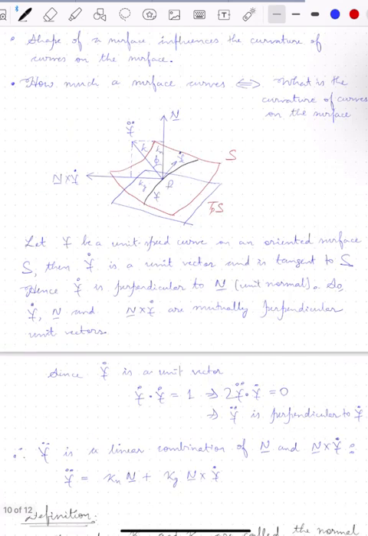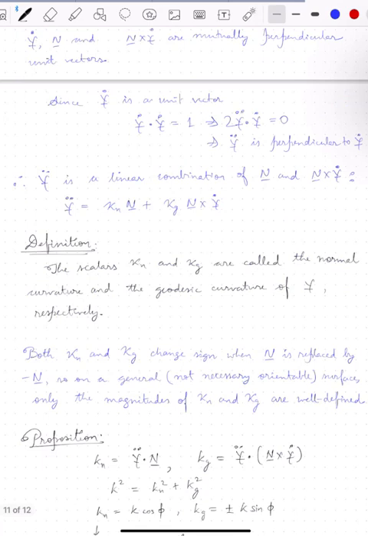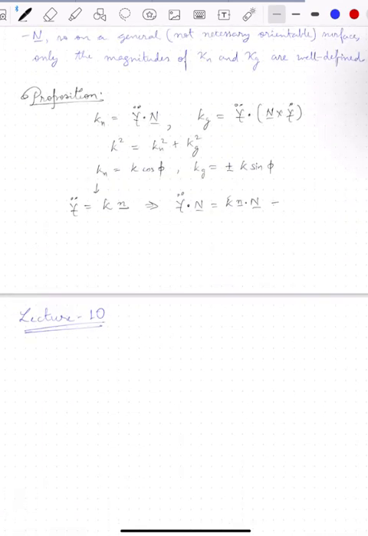And mind you that n is along the same direction as the curve's normal. So this is equal to kappa cosine phi, since phi is the angle between them. And this is equal to kappa n. And then kappa g follows from the square root, of course plus minus, of kappa squared minus kappa n squared. And this gives us plus minus kappa sine phi. This is how we have got the expressions.